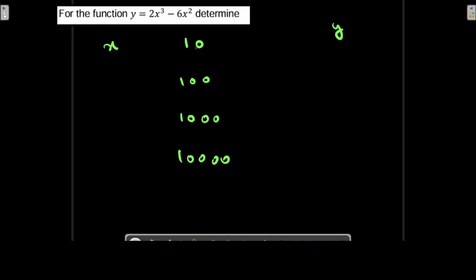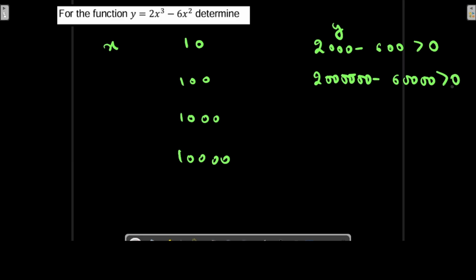So when x is 10, it will be 2000 minus 600, that's greater than 0, right? Then you have 6 zeros minus, that's also greater than 0. For the next one, you will be having just 6 zeros, that's also greater than 0, right?